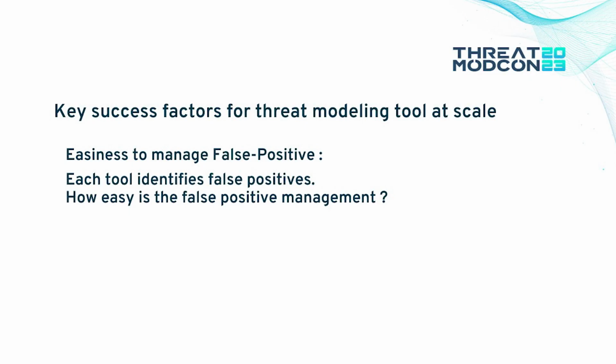For example, the first level will be for the beginning, and after 6 or 12 months of maturity, the teams will have access to the whole bunch of features. And then the third key success factor is the ease of managing false positives, as I have mentioned in the noise part. So how easy is it to manage them.